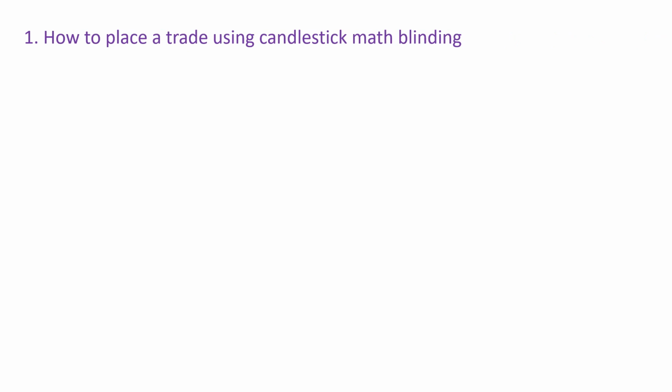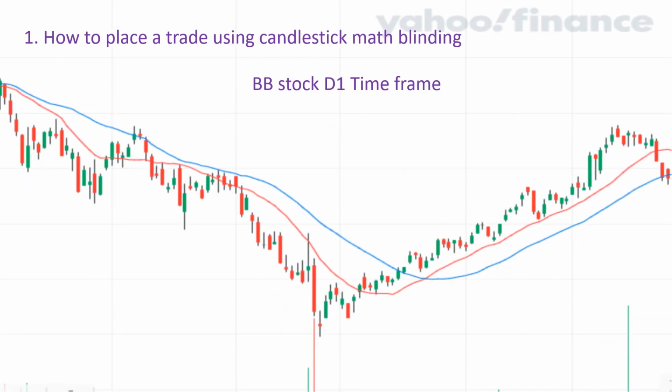How to place a trade using candlestick blending. This is the price trend, BB stock, D1 time frame, from Yahoo Finance. I installed 2 SMAs, namely SMA 30 indicated with blue color as the slow moving average and SMA 15 as the fast moving average indicated with red color.